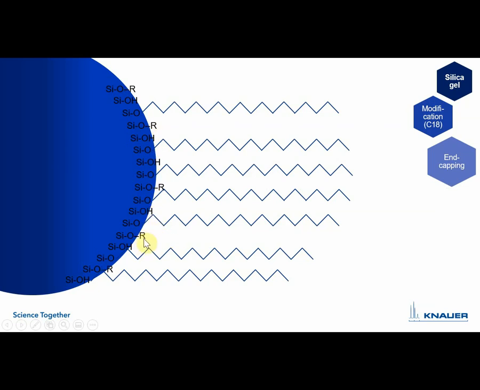They can't reach the particle anymore, but these small groups that are typically shorter C chains or just little unpolar groups, they can go through here between the chains and just cover a lot more groups here. So you see, still some silanol groups are free, but some are also covered. And this is what we call the end capping step. And this would be a classical end capped C18 stationary phase.